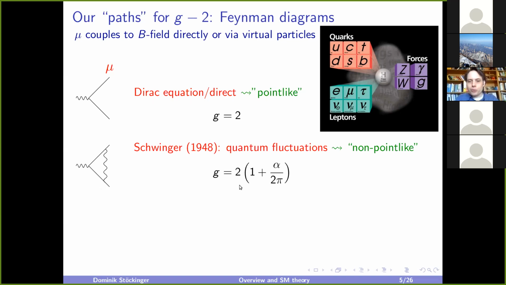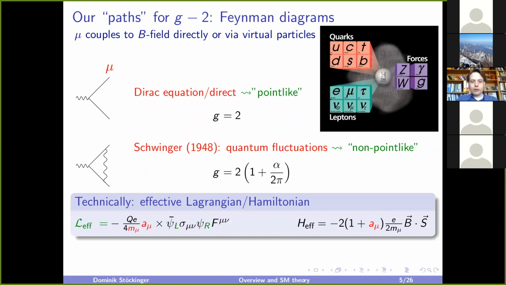So you could also say this is now a non-point-like modification of the interaction, and it gives rise to the famous alpha over 2 pi modification. Technically, you can describe all these Feynman diagrams in terms of effective Lagrangians and effective Hamiltonians, and if you derive them from the Feynman diagrams in the usual ways, then you can read off g minus 2.